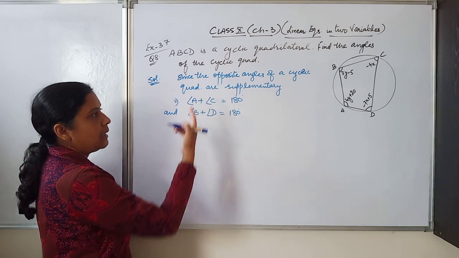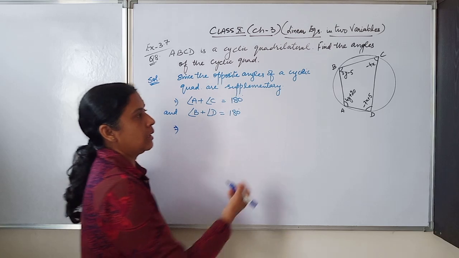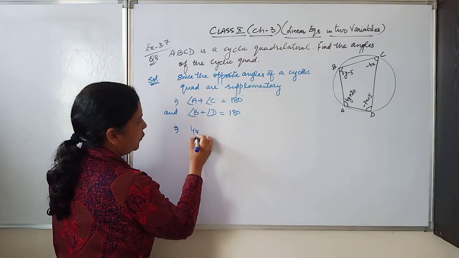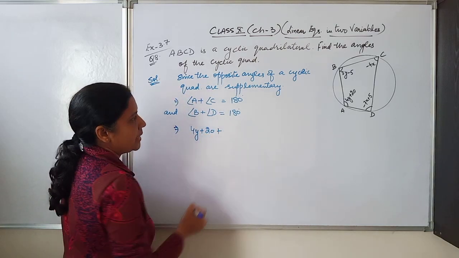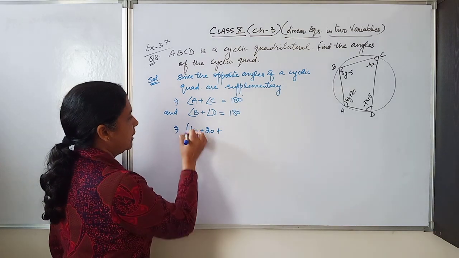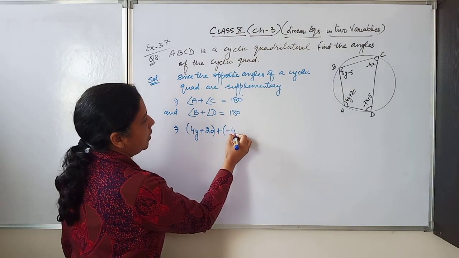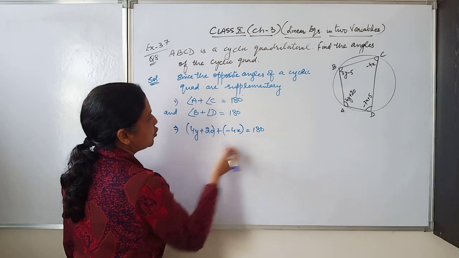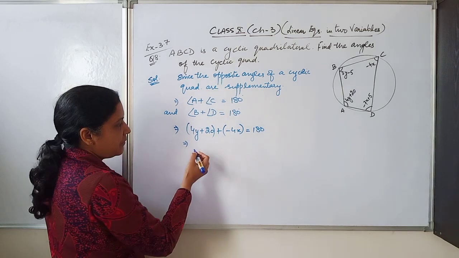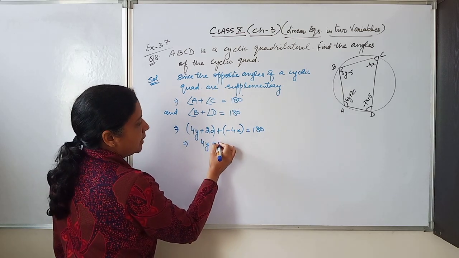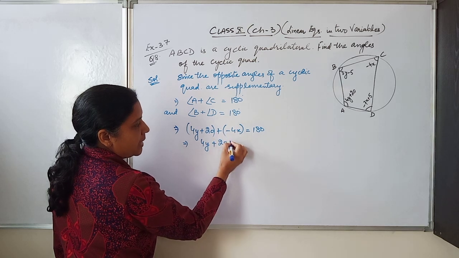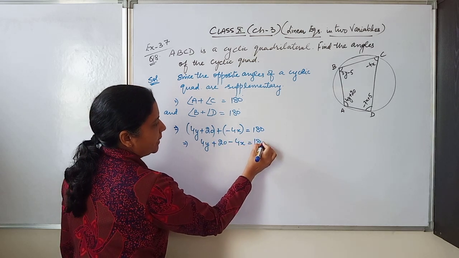I'm using angle A plus angle C is equal to 180. First of all, angle A is 4y plus 20, plus angle C, angle C is minus 4x. This sum should be 180. Let's simplify. 4y plus 20 plus minus 4x.